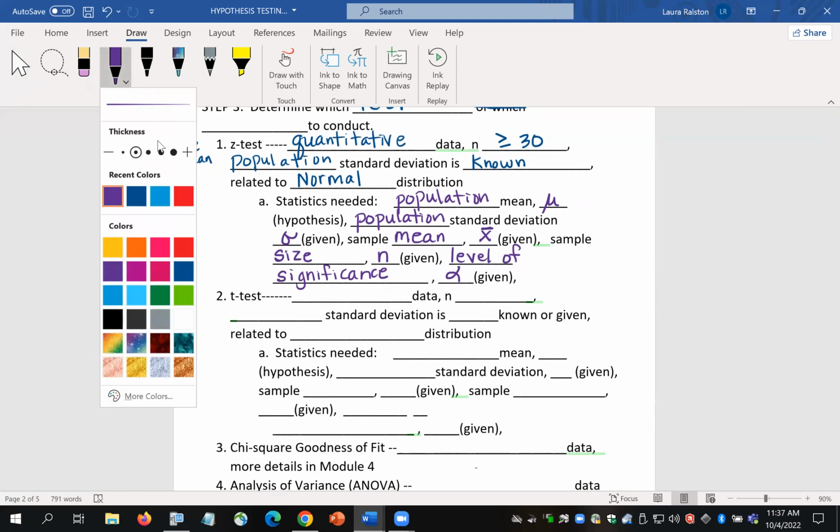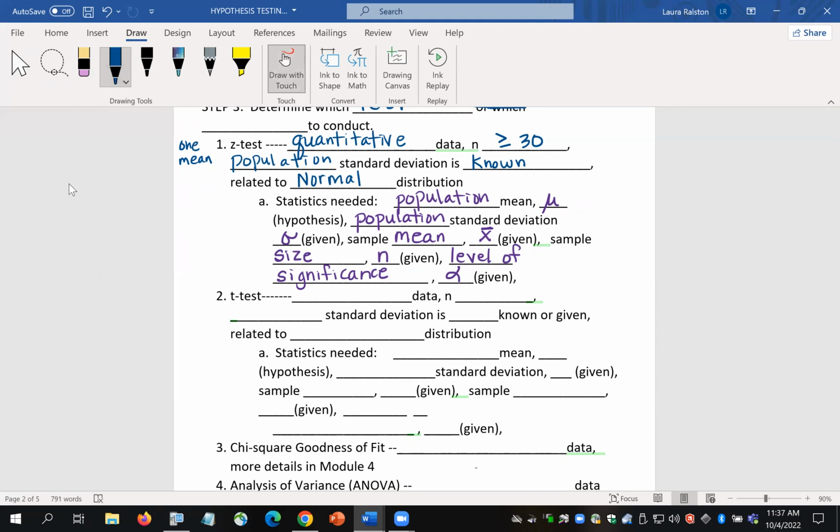We also will review a one mean t-test. Okay, one mean t-test also applies to quantitative data. Your sample size is likely less than 30, or what we consider small.